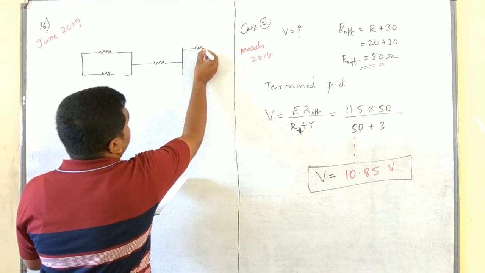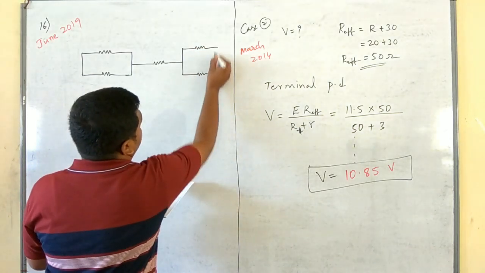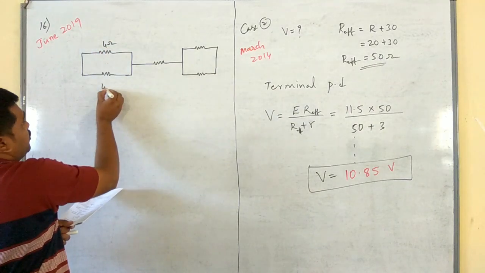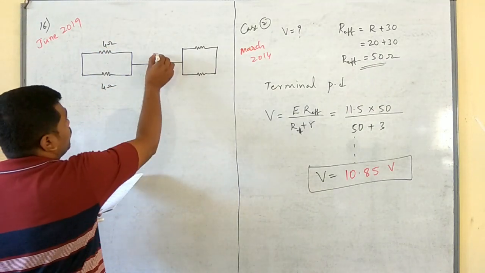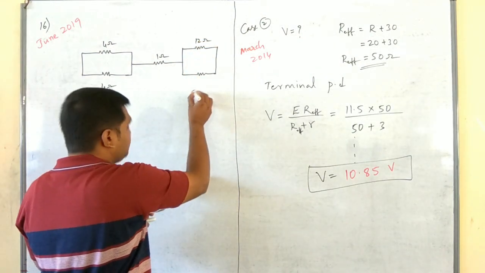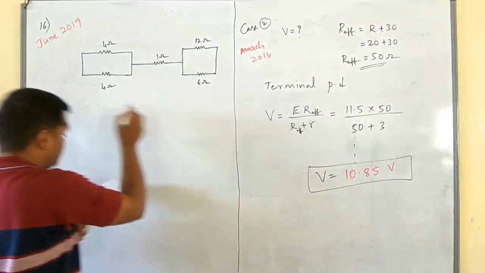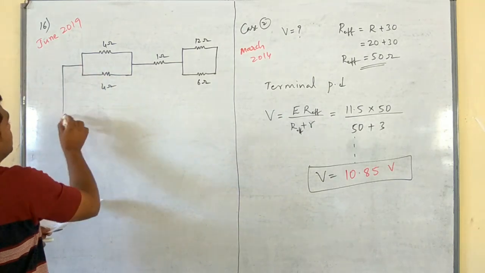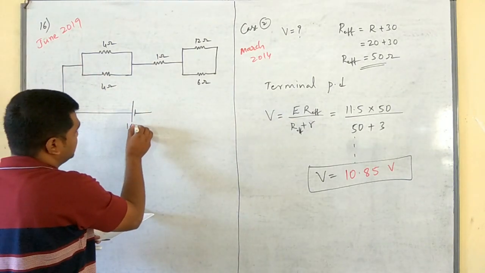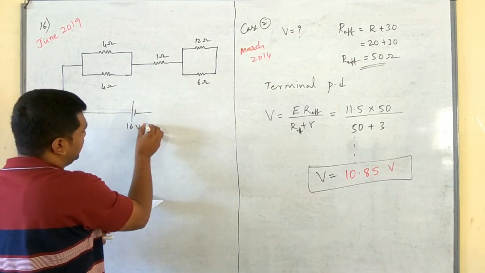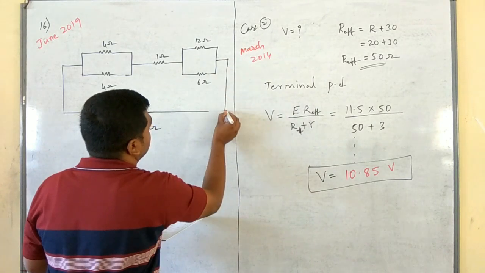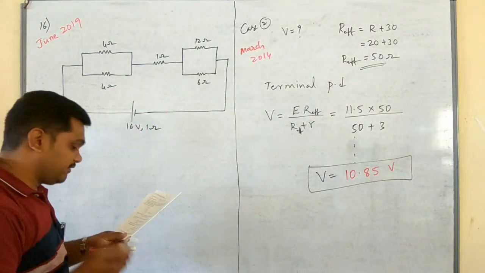Next, a 12 ohm resistor and a 6 ohm resistor, 4 ohm, 4 ohm, 1 ohm, 12 ohm, 6 ohm, and it is connected to a cell of EMF 16 volt and internal resistance 1 ohm. Like this the circuit is given.